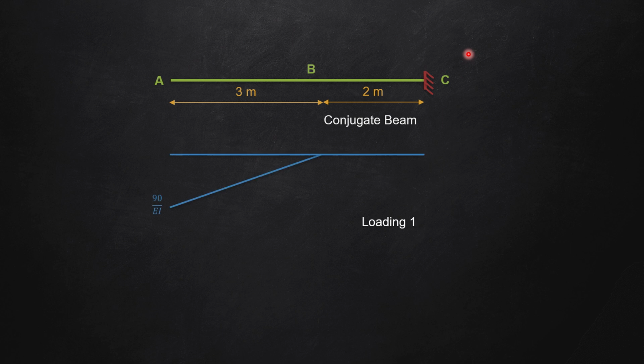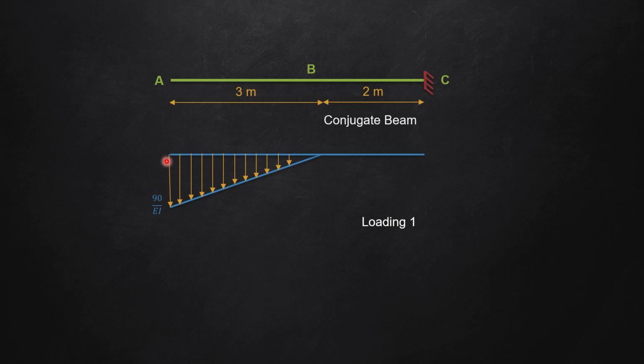Just see that now the fixed support has shifted to C. So this is the conjugate beam, and here I will apply the loading. The first loading will be this 90 kilo divided by EI. Now please remember from my previous video that if the bending moment is negative, that means if the M by EI diagram is negative, then the loading will be in the downward direction. So now I am converting this into a loading in the downward direction.